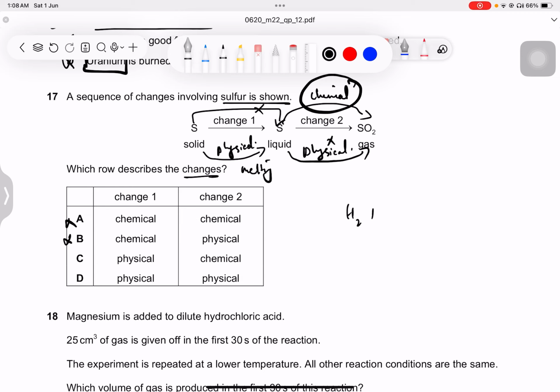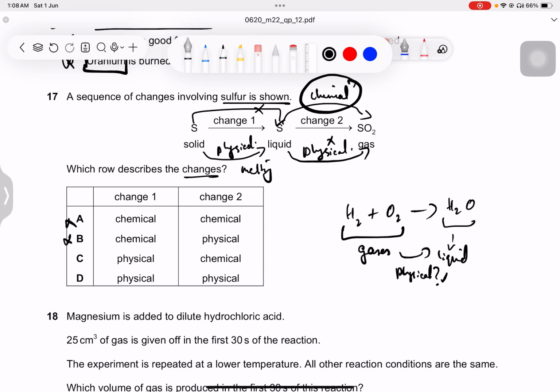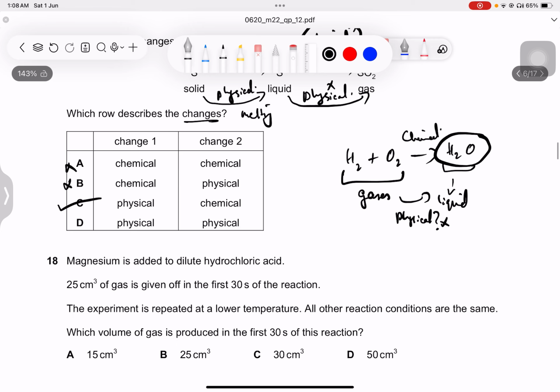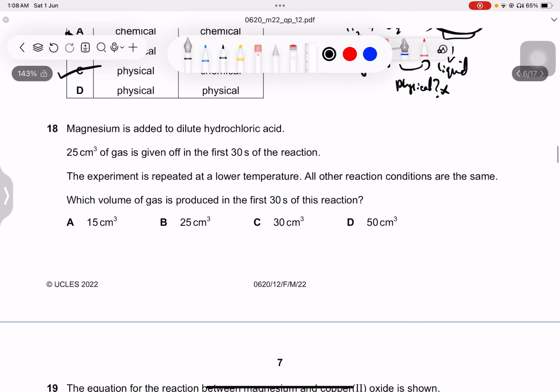For example, if hydrogen reacts with oxygen, these two are gases. But what is produced? Water. What is this? Liquid. So would you call this a physical change? No, this is chemical because they react chemically to form a completely new substance, which is a liquid itself. So this is a chemical change. So option C is correct.